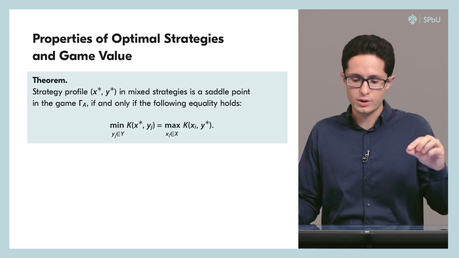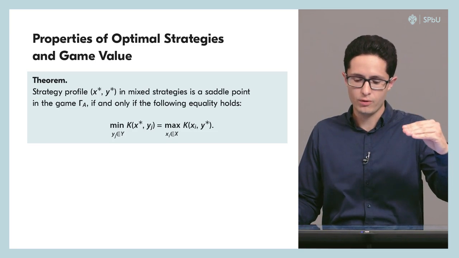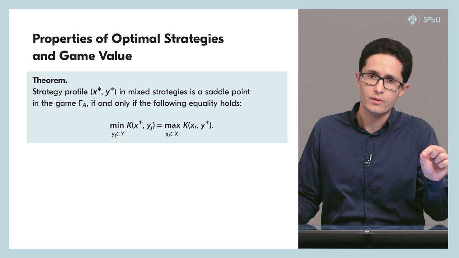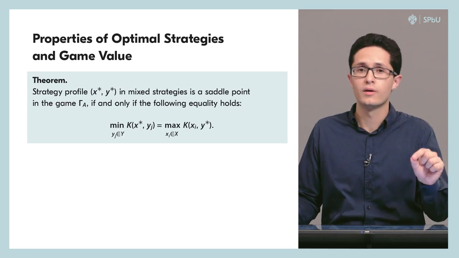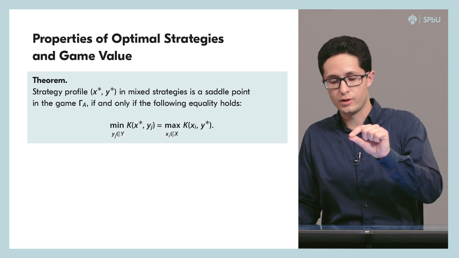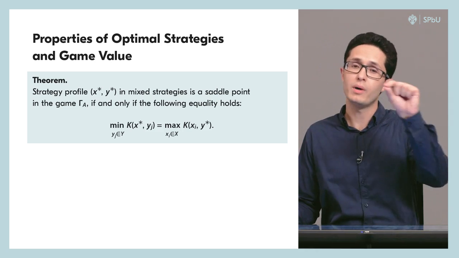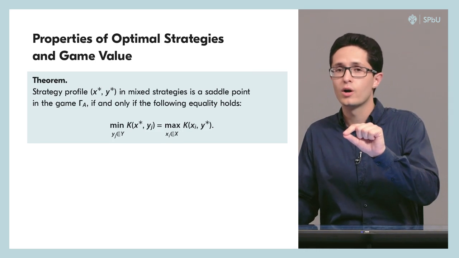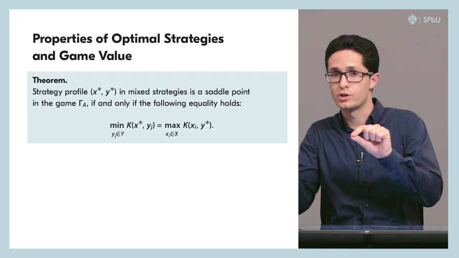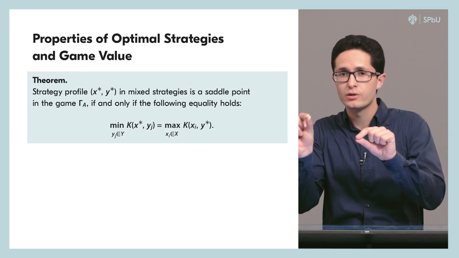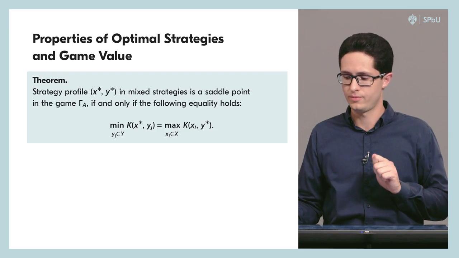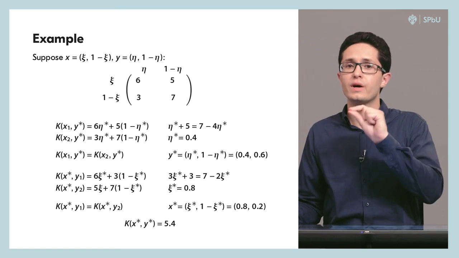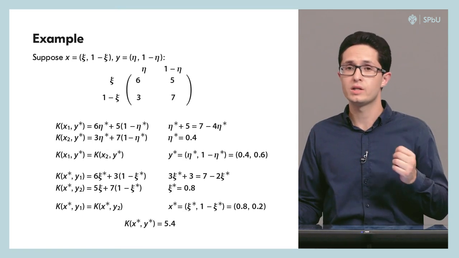The equality shows that the payoff of the first player, when the first player uses mixed strategy x star and the second player uses a pure strategy which minimizes the payoff of the first player, is equal to the payoff of the first player when the second player uses strategy y star and the first player tries to maximize its payoff. Using this result, we can solve a simple matrix game in the way it is presented on the slide.